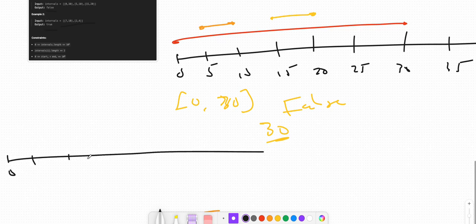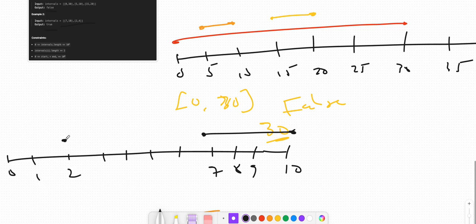If we look at the other example, 0, 1, 2, 3, 4, 5, 6, 7, 8, 9, 10. The first meeting starts from 7 to 10. Then the other meeting starts from 2 to 4, right?